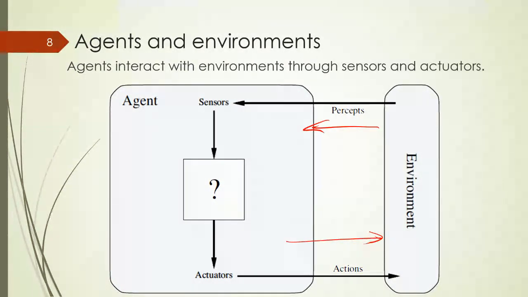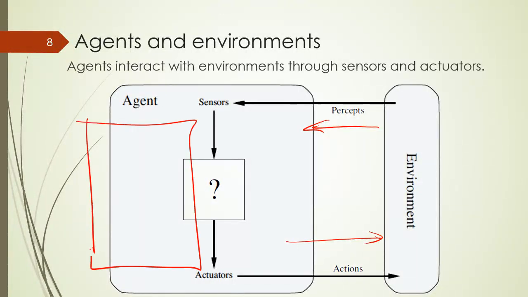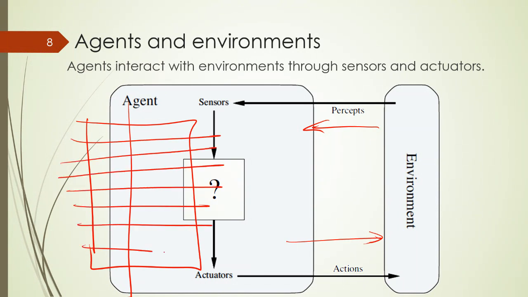One way, probably the simplest way of doing it, is if I create an instruction table: if P0 happens, make action A0.